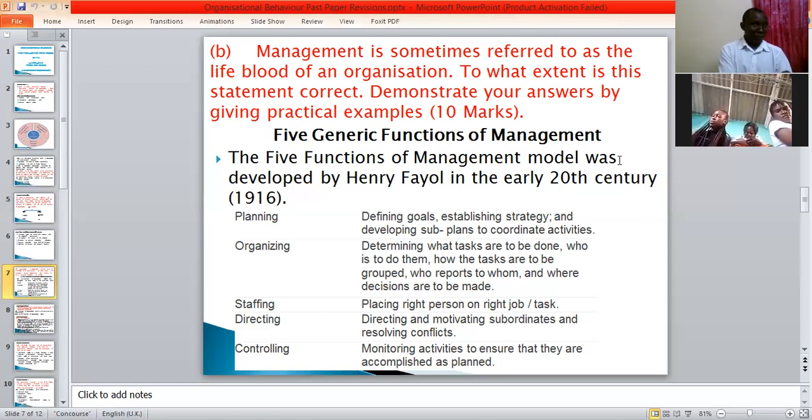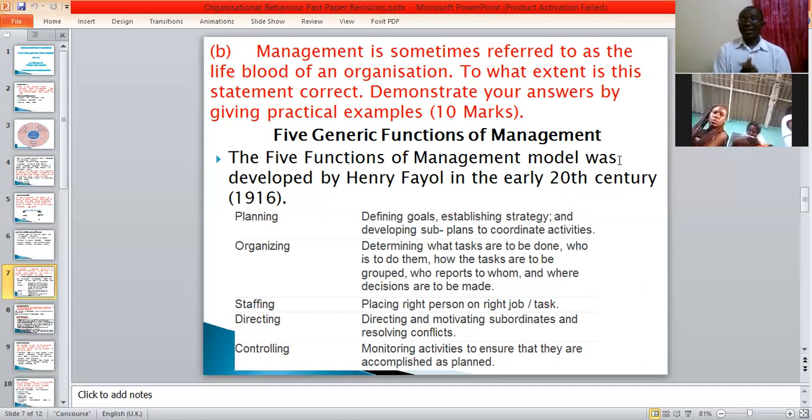Okay, so let's proceed. Now, if you understand the 5 functions of management, then you shouldn't have a problem discussing why management is the lifeblood of an organization.